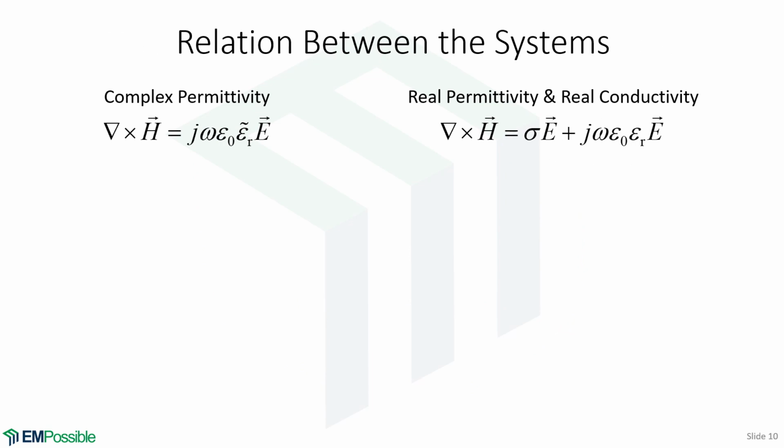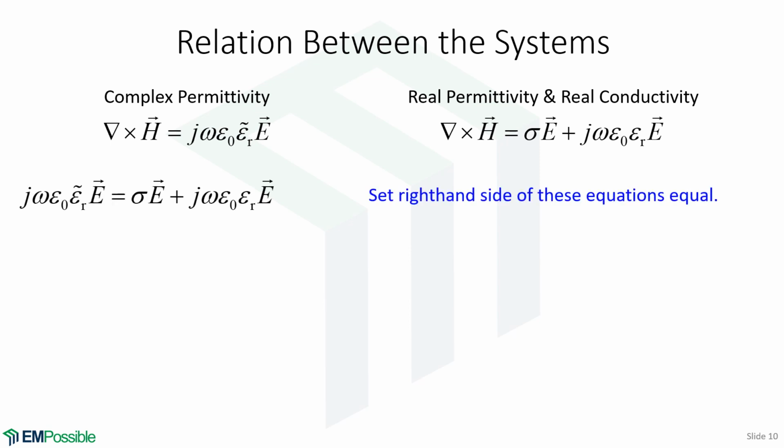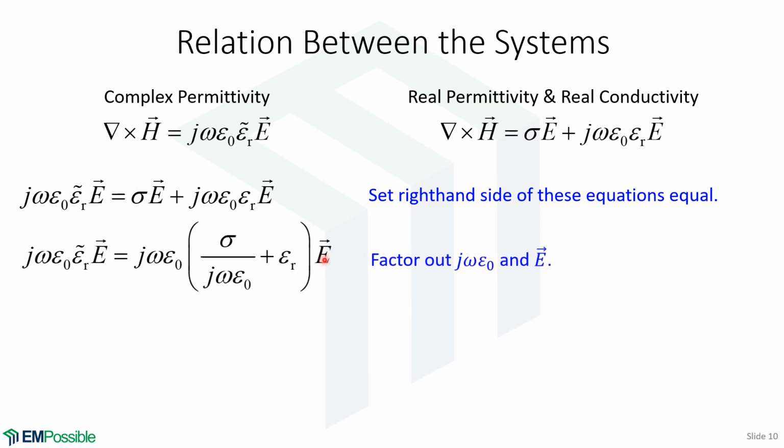So let's relate these systems so we can calculate one from the other. What we'll do is both are equaling del cross H. So we're going to set the right side of this equation to the right side of that equation. Now what we can do is factor out the electric field on the right, and we can factor out j omega epsilon naught on the left.